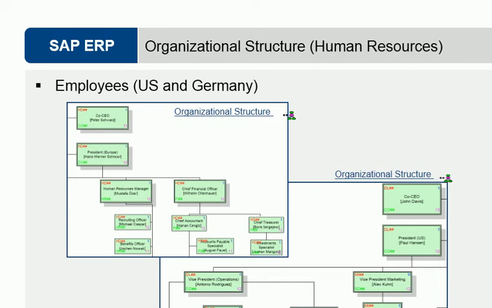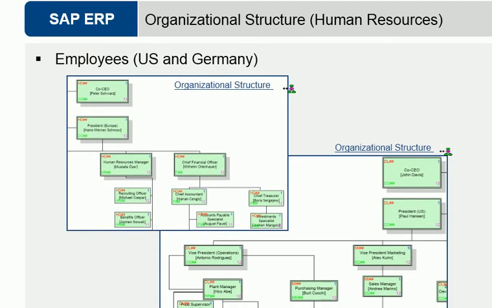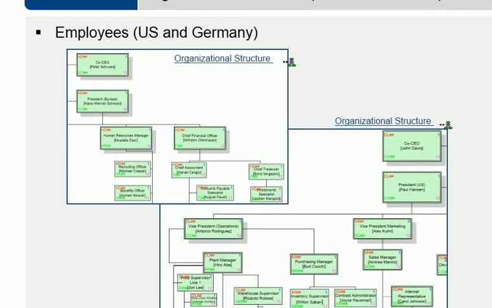Okay, so in the US, there is the structure on the right, and we have again the CEO, but we also have a president, and underneath the president we have sales, selling and marketing and so on.